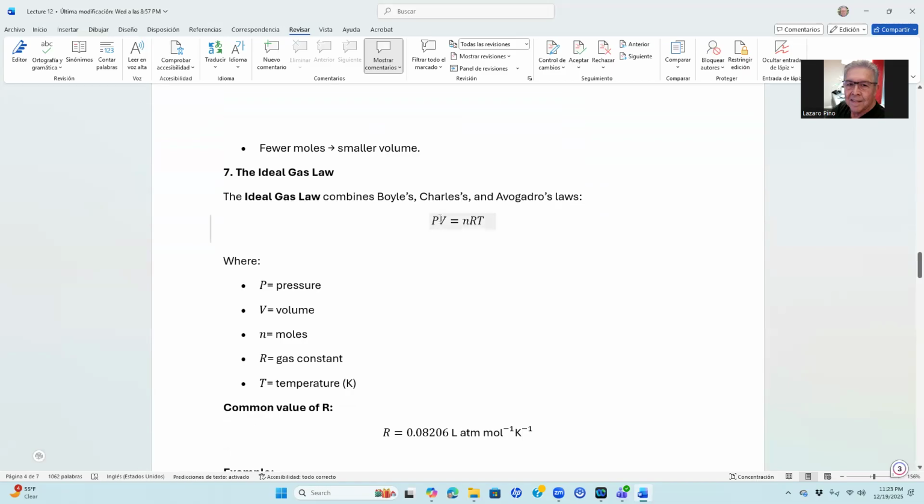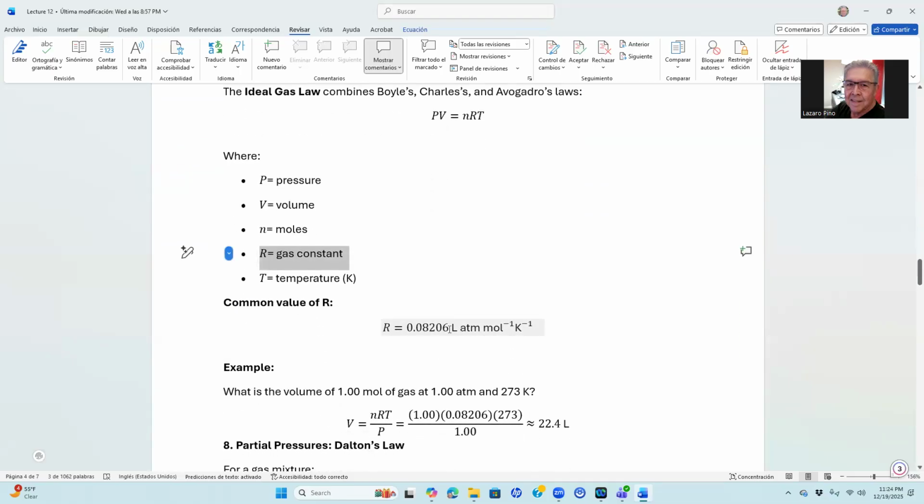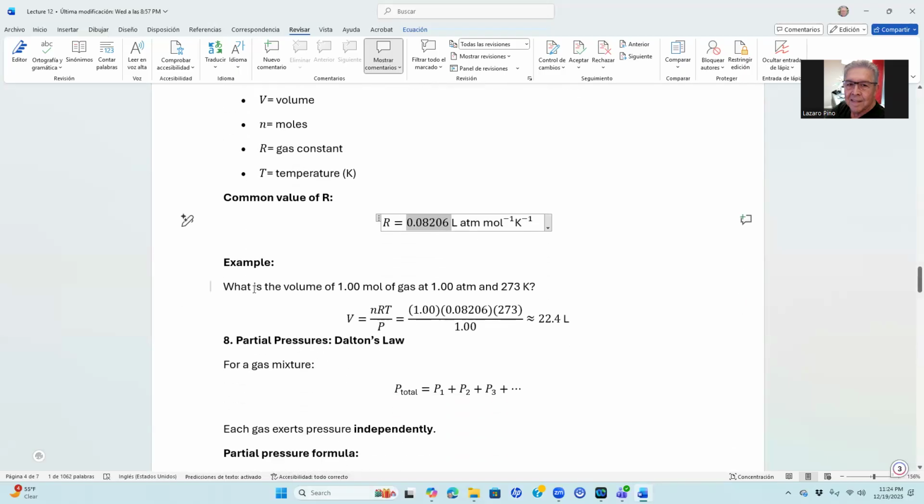The mathematical expression is pressure times volume is equal to the number of moles times the R constant times T. The R constant is the gas constant, which generally has the value 0.08206 liter atmosphere per mole Kelvin.